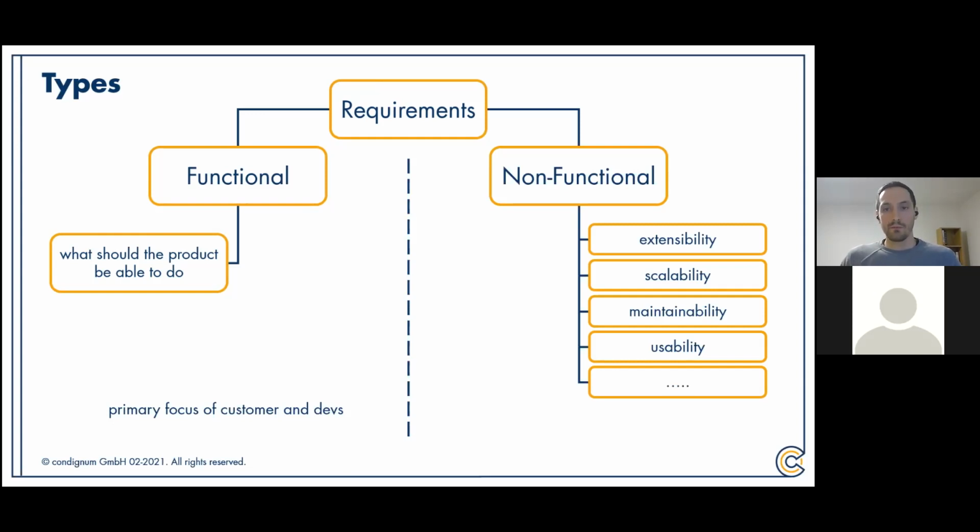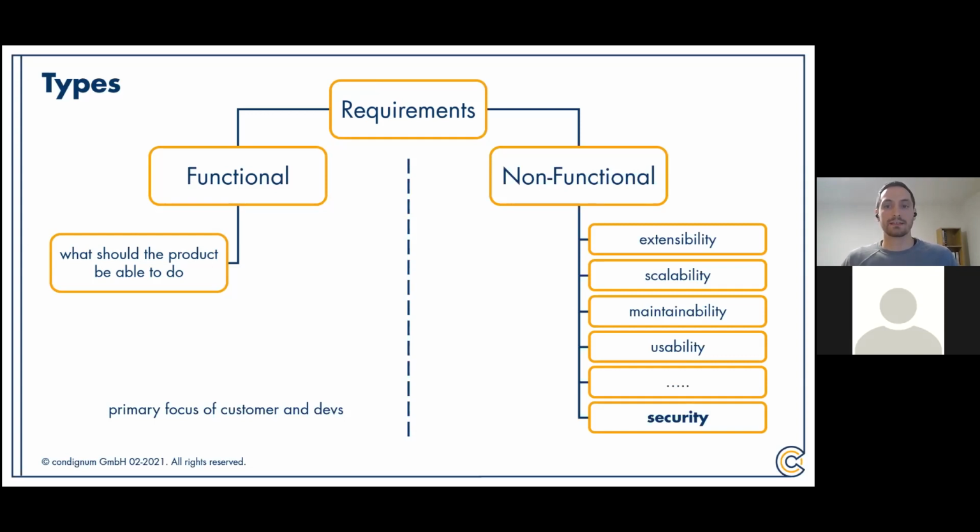Those are very important attributes to operate and maintain a high quality product, but nobody wants a product just because of them. And that's actually also the main problem here, because security is, in most cases, one of those non-functional requirements.